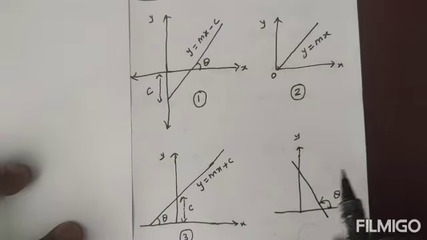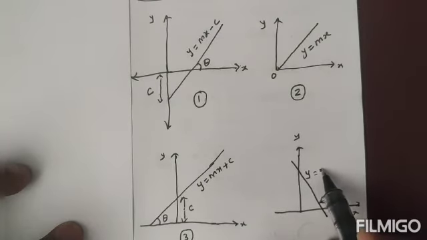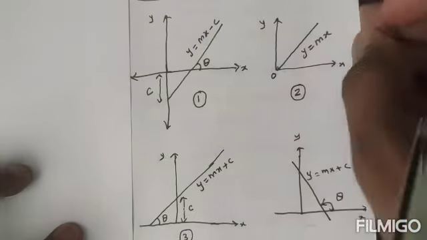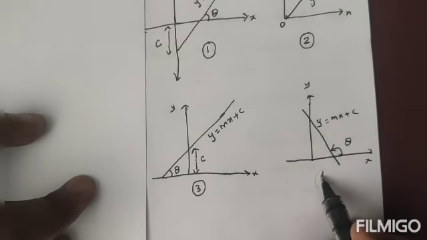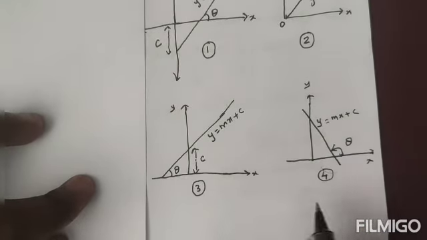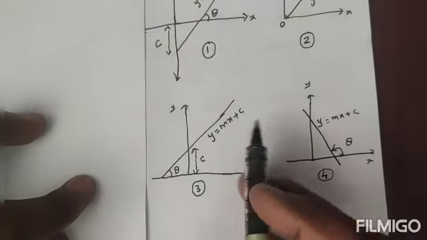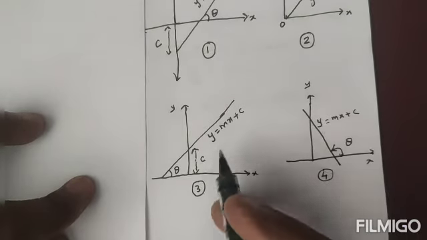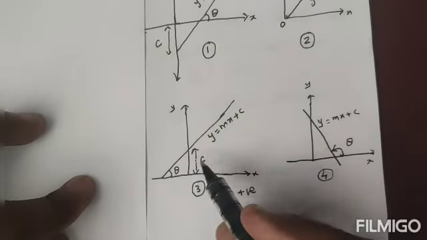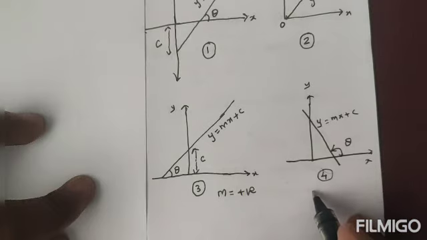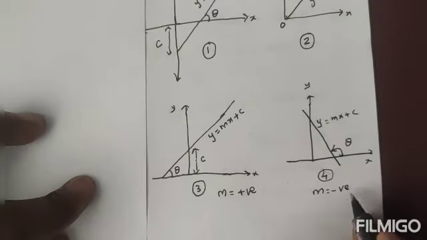So this is also y is equal to mx plus c alone. So what is the difference between graphical diagram number 3 and 4? In both cases m is nothing but the slope only. Here the slope is positive, but here the slope is in reverse, so the slope is negative.